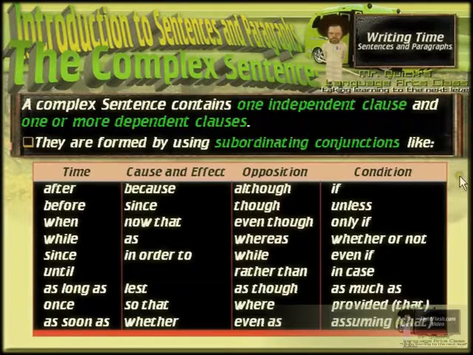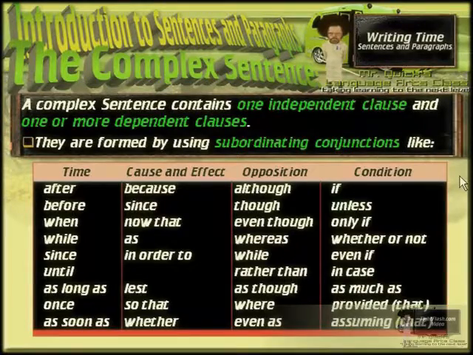Now, the reason why you want to make this chart a part of your brain is because if you're writing and you use the wrong subordinating conjunction, it's going to be a disaster for your meaning, because you can completely change the meaning of a complex sentence by using the wrong subordinating conjunction before one of your independent clauses.